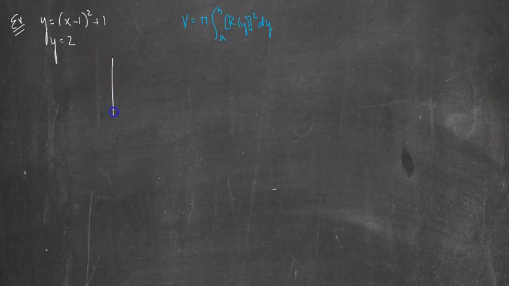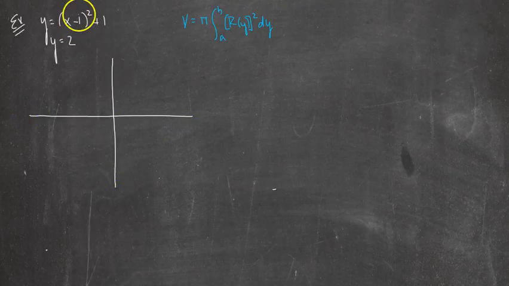So I think first things first, let's graph it so we can get a picture of what we're talking about. First function is a parabola, vertex form, so I know I have a vertex, it's upward facing, and the vertex is at 1, 1.